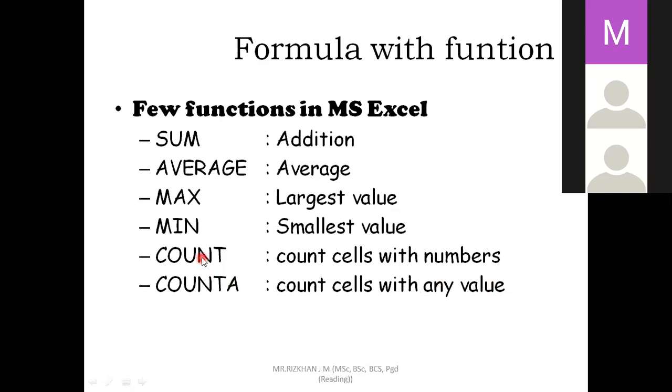So that is the difference between count and count A. So 6 functions: sum, average, max, min, count, and count A. Sum is for addition, average is to find the average, max is to find the largest value, min is to find the smallest value, count is to count the cells with numbers, count A is to count the cells with any values.